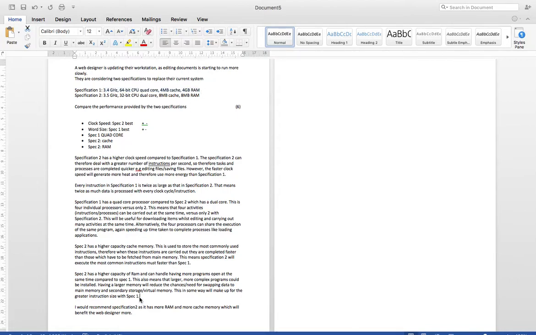Points like the fact that this has more RAM offsets the fact that it has a 64-bit quad-core processor in some ways. So if one's got a higher amount of cache, which would have been a good point to mention earlier, the fact specification 2 has more cache makes up in some way for the smaller instruction size, the smaller word size of the processor, so they can relate it back.